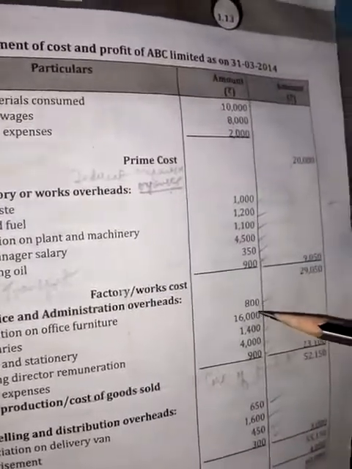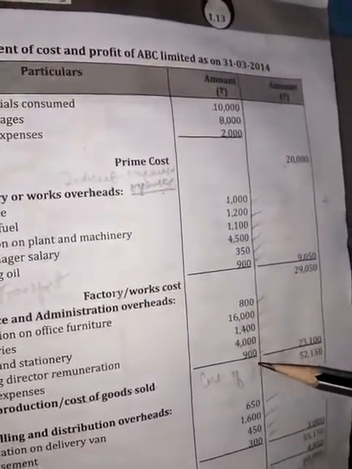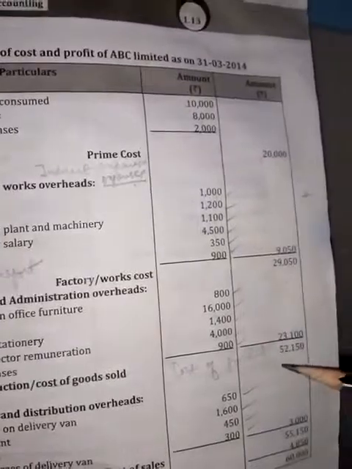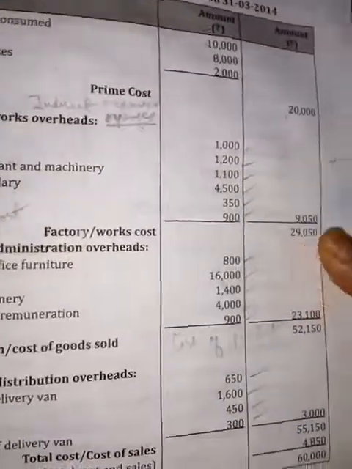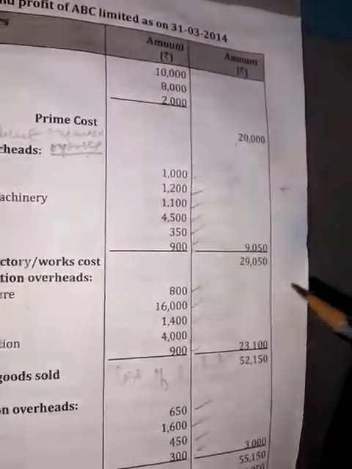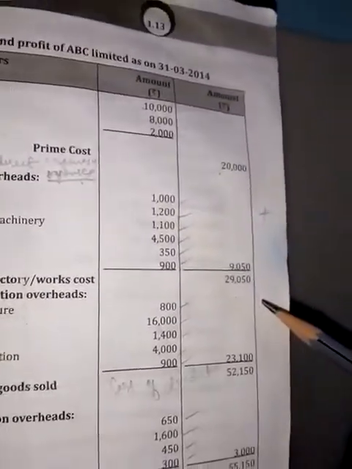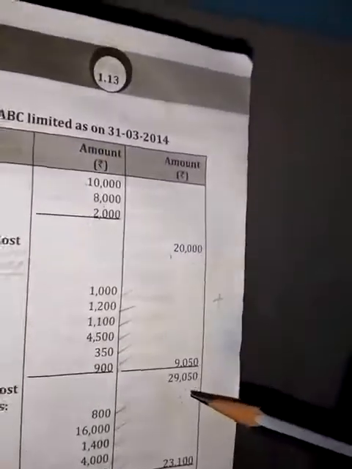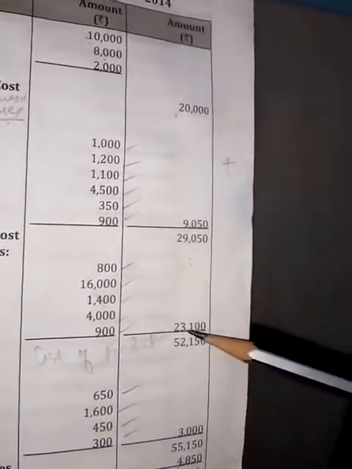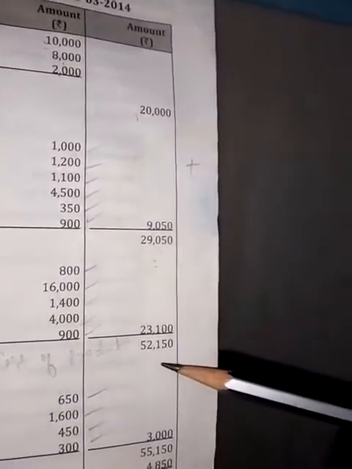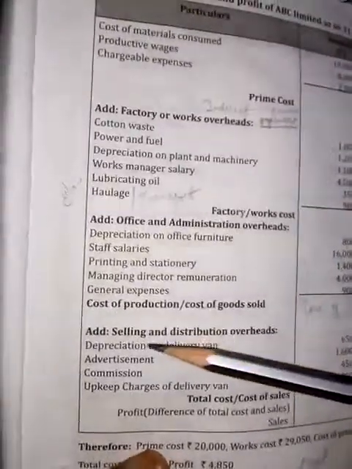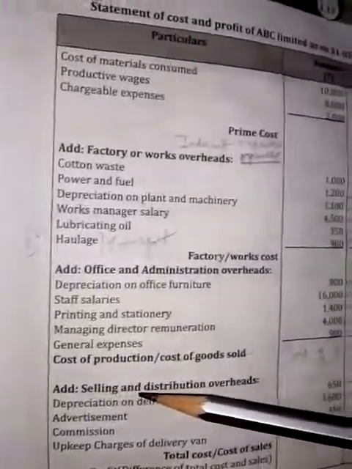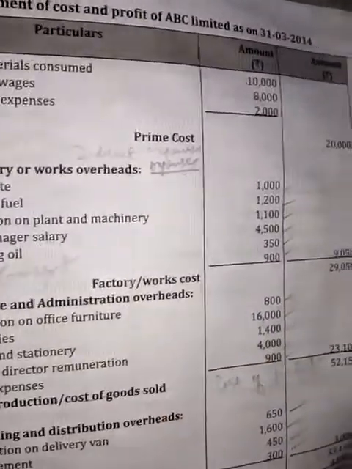Add all these expenses shown in the inner column, which comes to 23,100. Add this total to works cost or factory cost, 29,050 plus 23,100. The total comes to 52,150. This is the total cost of production or cost of goods sold.